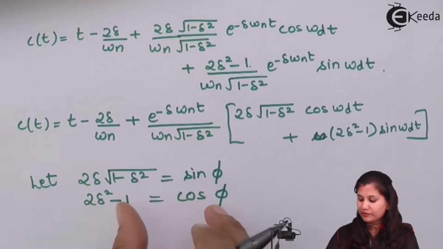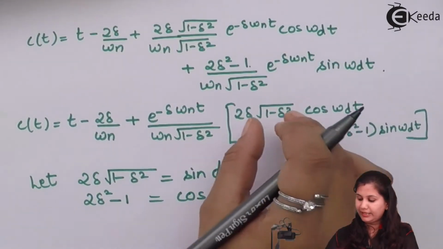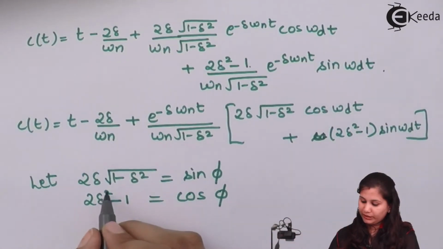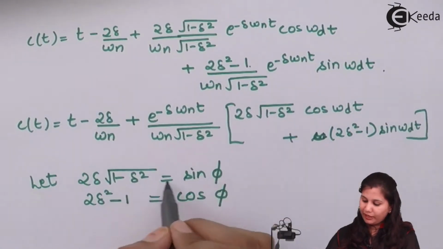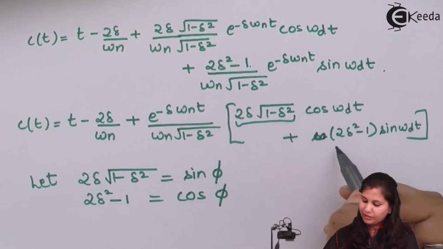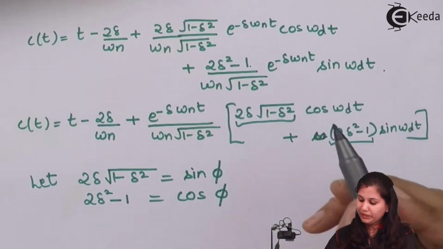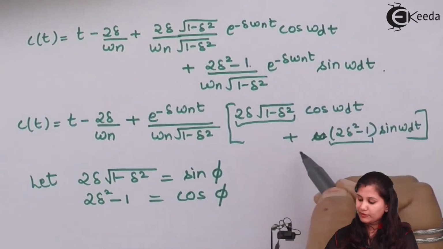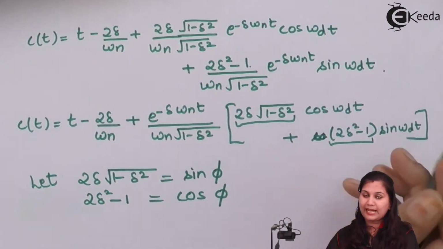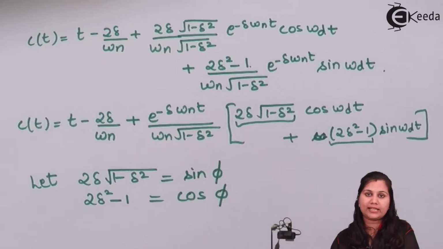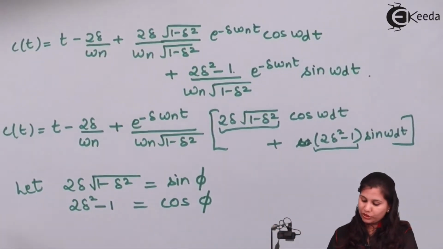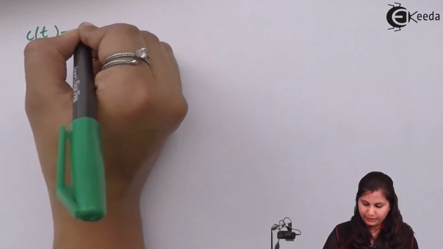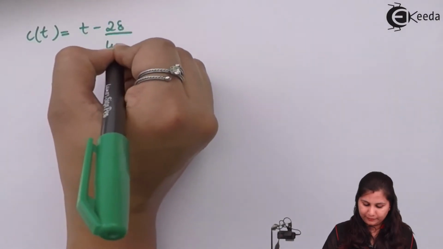We are doing this because we want to convert it into the formula sin A cos B plus cos A sin B. So it will be converting into sin phi cos omega d t plus cos phi sin omega d t. That is sin A cos B plus cos A sin B. Okay, so just put the values here. We have ct equals t minus 2 del upon omega n.